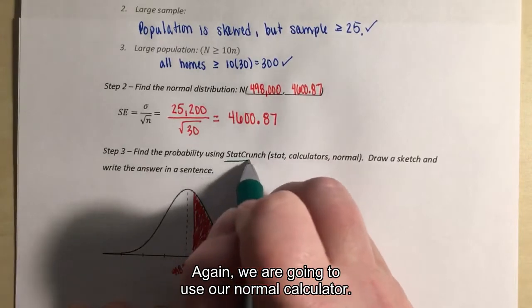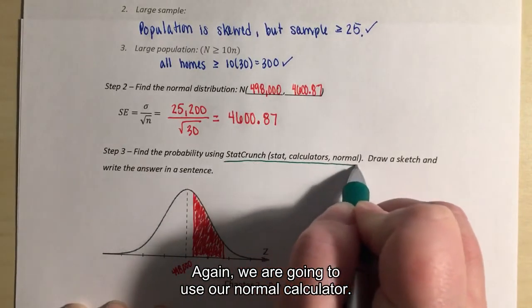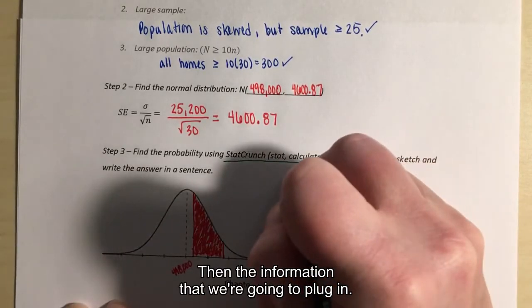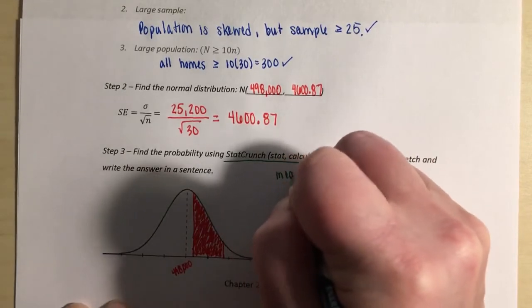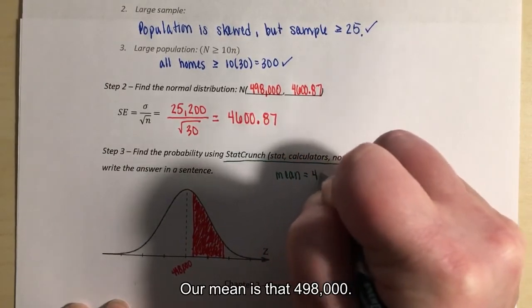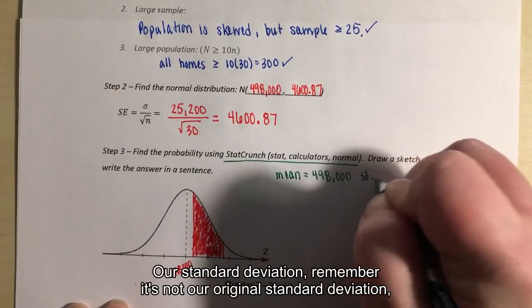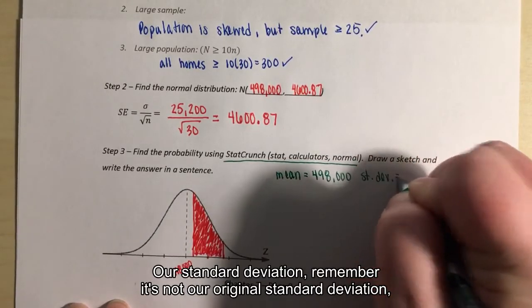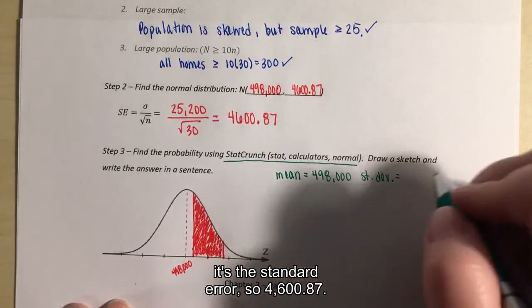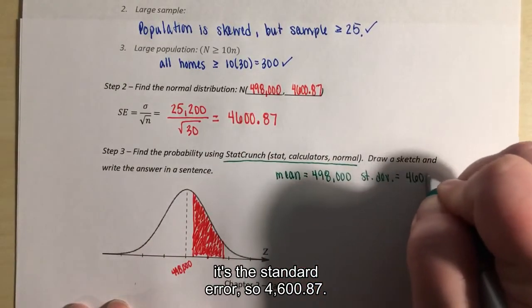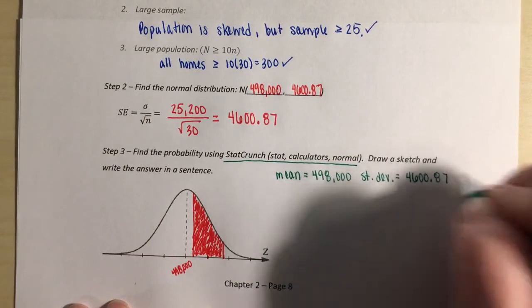Again, we are going to use our normal calculator, and then the information that we're going to plug in. Our mean is 498,000. Our standard deviation, remember it's not our original standard deviation, it's the standard error, 4,600.87.